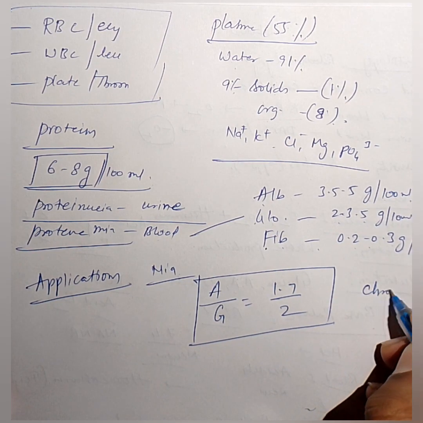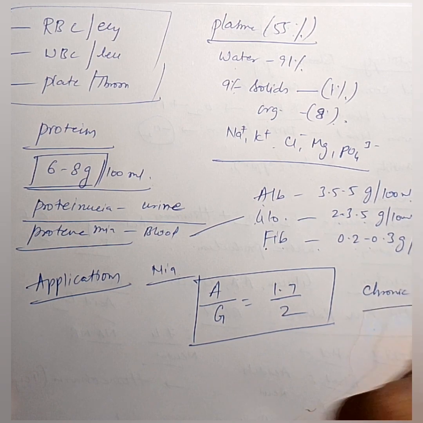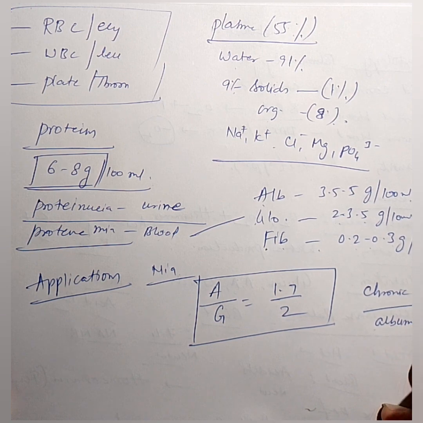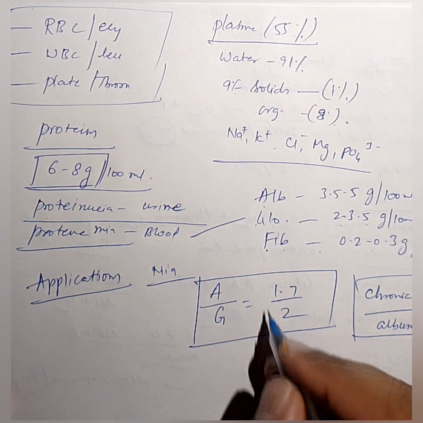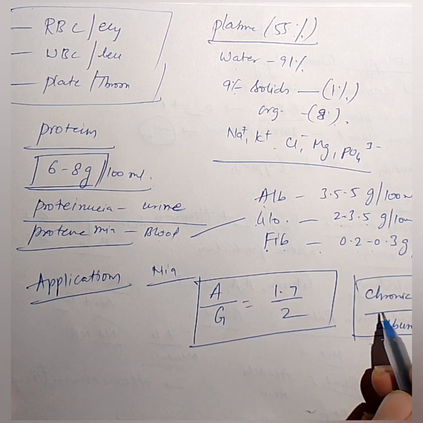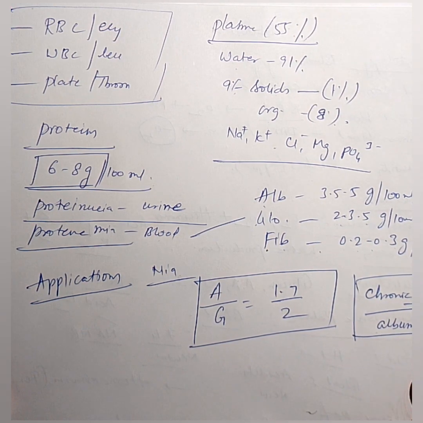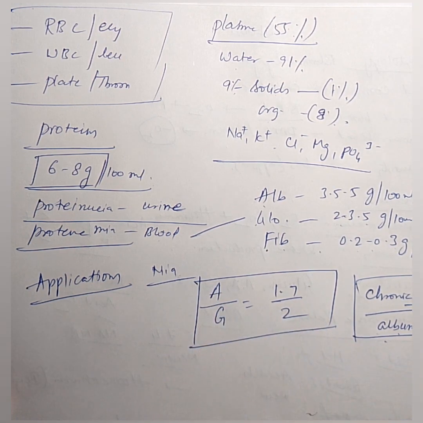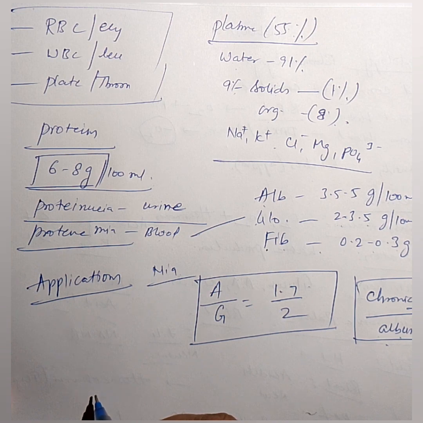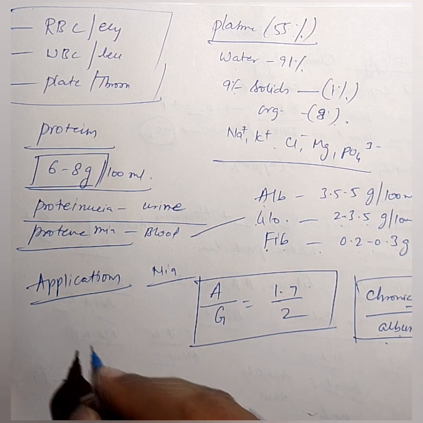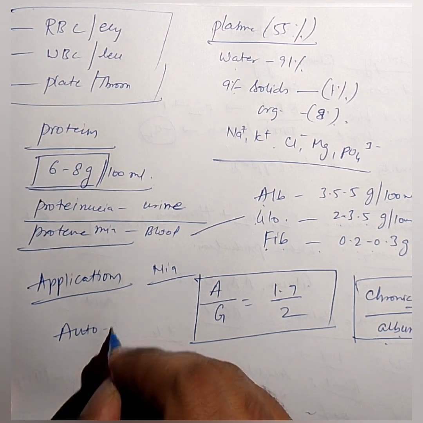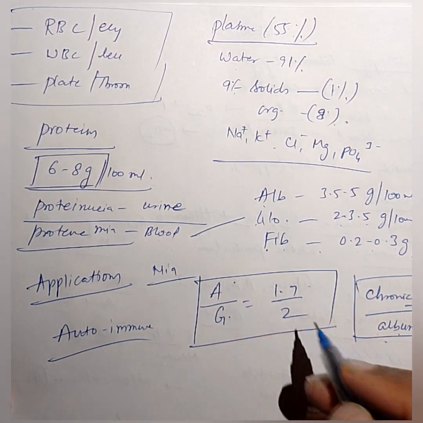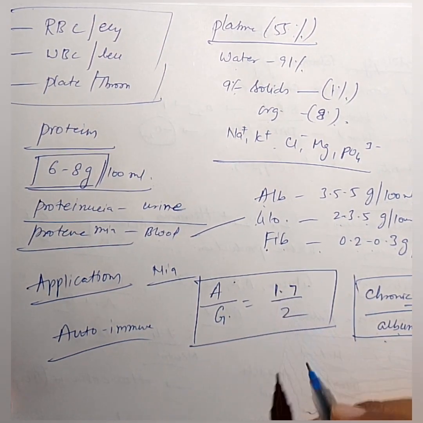If they have any chronic liver disease, the production of albumin will be decreased, so the albumin balance will not be maintained. In some other conditions like liver diseases and also autoimmune diseases, this condition may occur. So the ratio of albumin and globulin in the blood should be around 1.7 to 2.